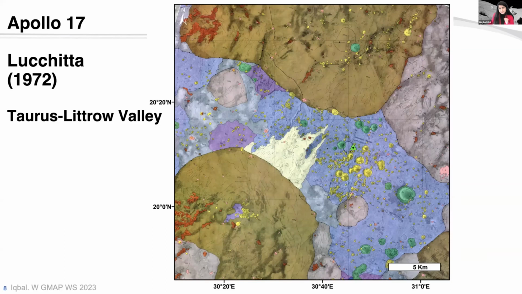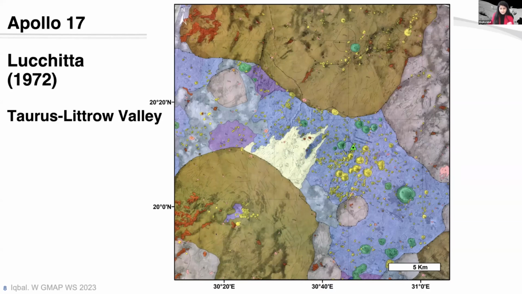However, it's still the same problem. The interpretation of the units is very restricted to image data. Again, the age of this purple deposit, which is a dark mantle deposit, was not known. Another thing that was interpreted differently: these are the highland areas, and it was interpreted that there are some kind of vents erupting volcanics there, these red deposits.